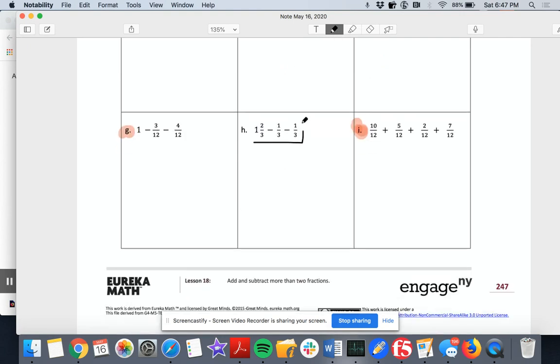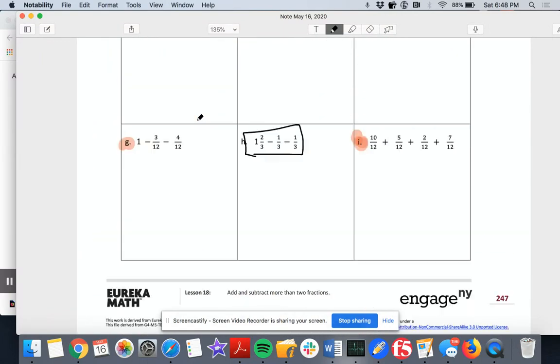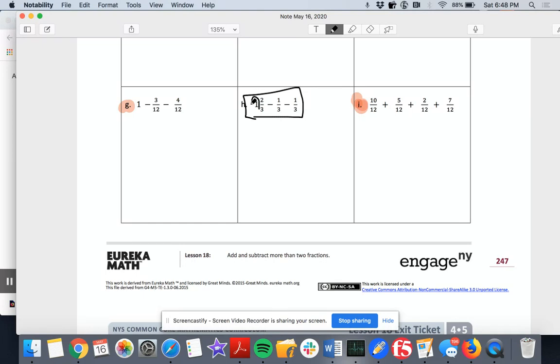So instead of adding, it appears that we are subtracting, and we have a mixed number to begin with. What they want us to do is convert this mixed number first into an improper fraction, and then we'll be able to subtract better. So same thing we did yesterday. We need to convert that 1 into a fraction.